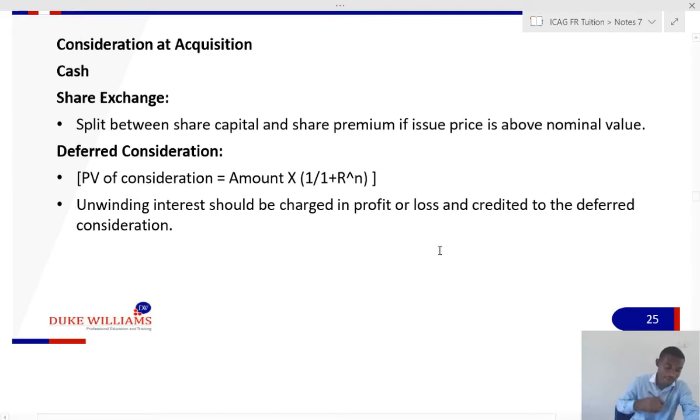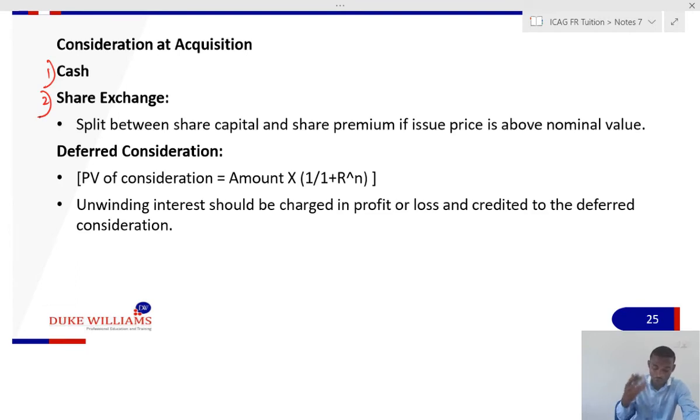Like I've indicated earlier, the first component of consideration at acquisition is cash, and cash is cash. There's no adjustment for cash. But the second component, share exchange, is where we have to look at the number of shares that are going to be issued and look at where there is a split between the share capital and share premium.